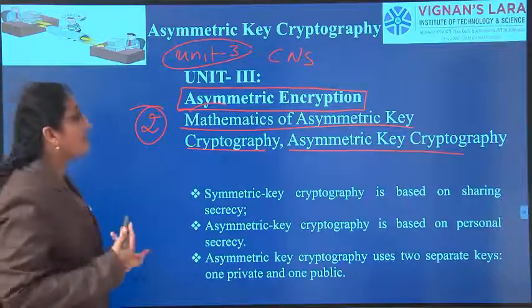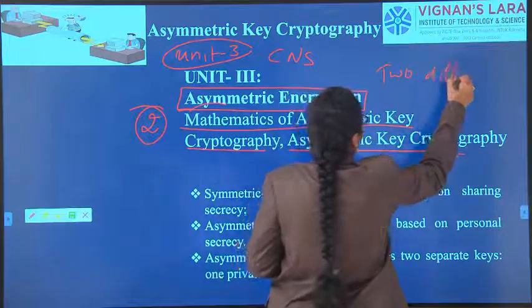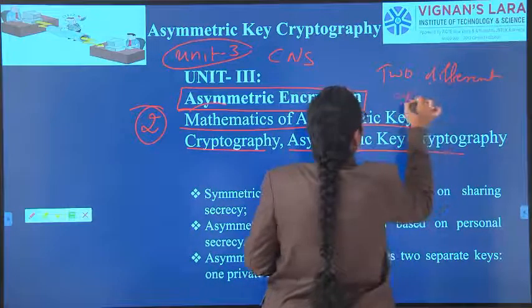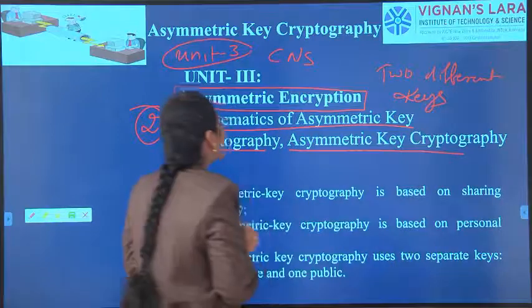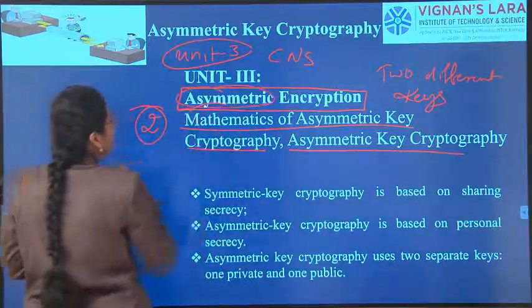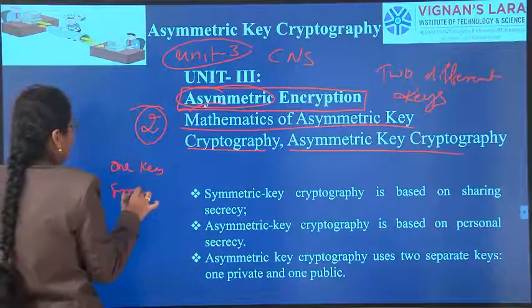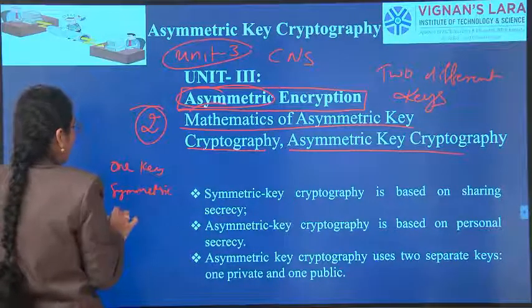So what do you mean by asymmetric encryption? Using two different keys. If we use two different keys, it is asymmetric encryption. If you use only one key, it is symmetric encryption. You already know that.